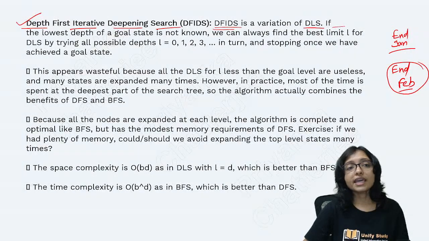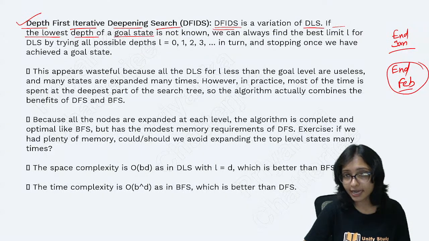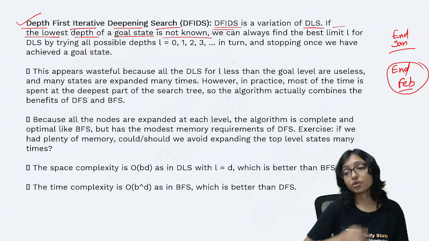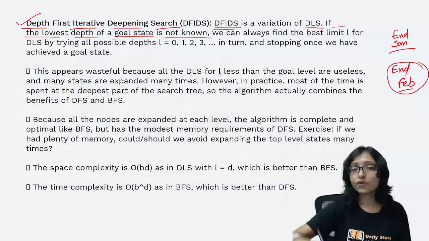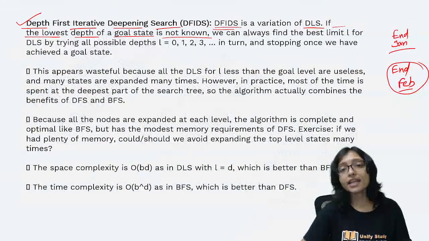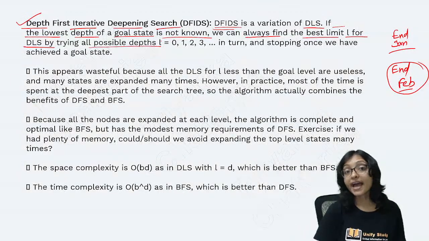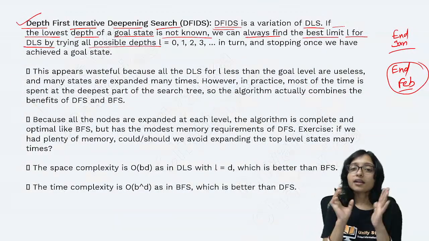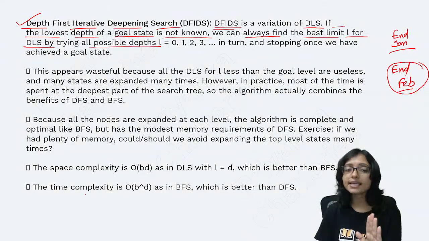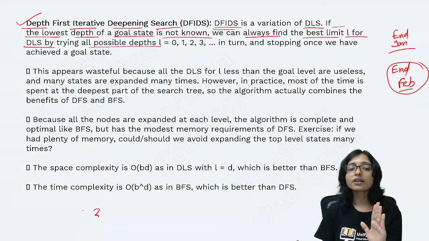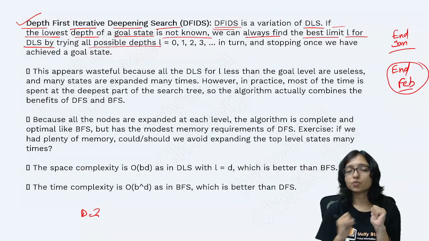Okay. So, if the lowest depth of the goal state is not known, we don't know what the lowest depth is, then we can always find the best limit L for the DLS by trying all possible depths. That is the thing here. Depth limited search was fixing a depth, that is, you can go only till depth 2.